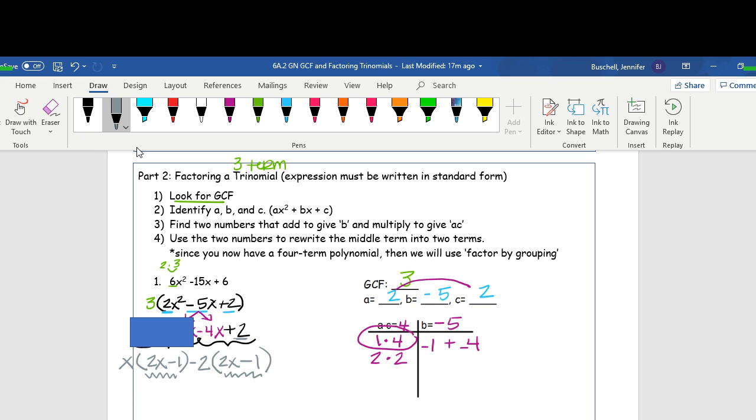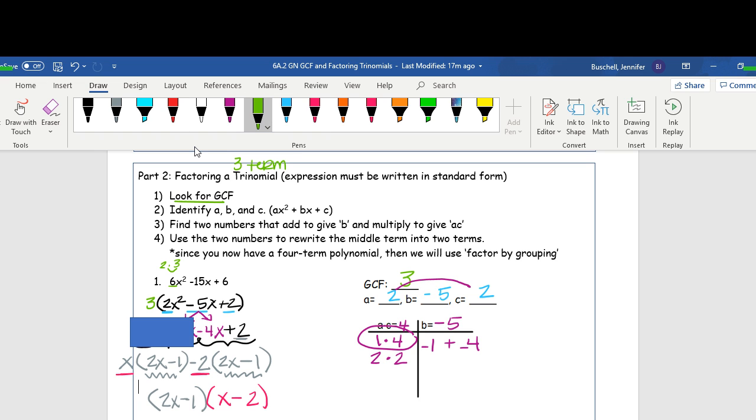So to write my final answer, I'm going to take that 2x minus 1, which is the GCF between the terms. My second parentheses are going to be the GCFs that I took out from each of those, so there's going to be x minus 2.